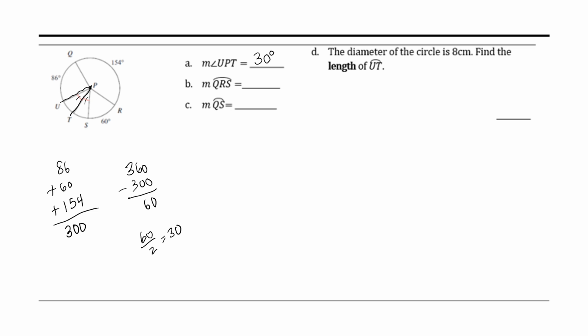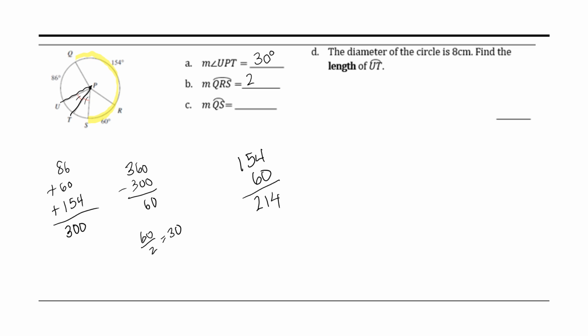QRS is an arc. We're going from Q through R to S. So we're doing this major arc. And there are two angles that I'm going to add together to get my total for that one. I'm going to add 154 plus 60. And I get 214.